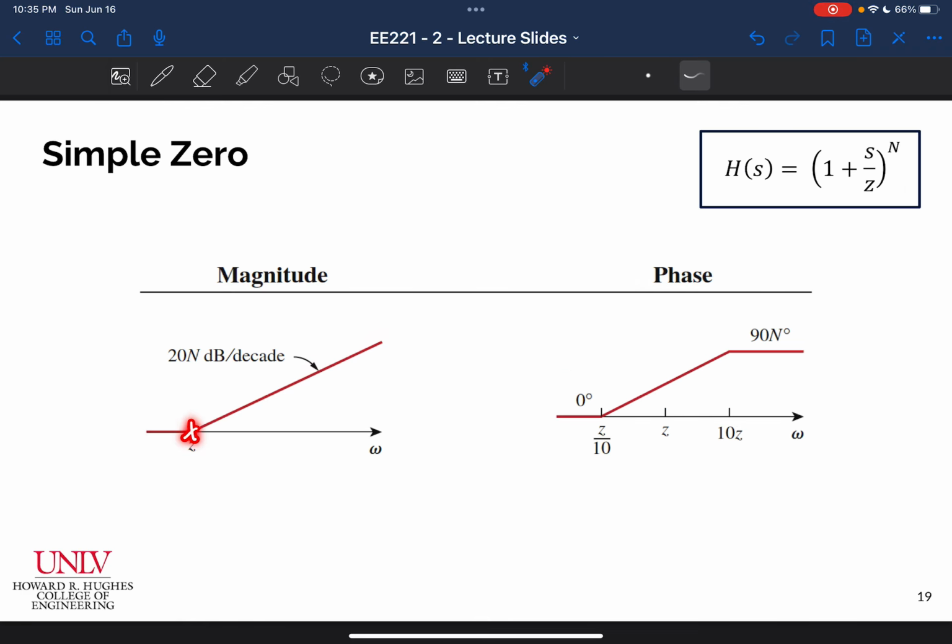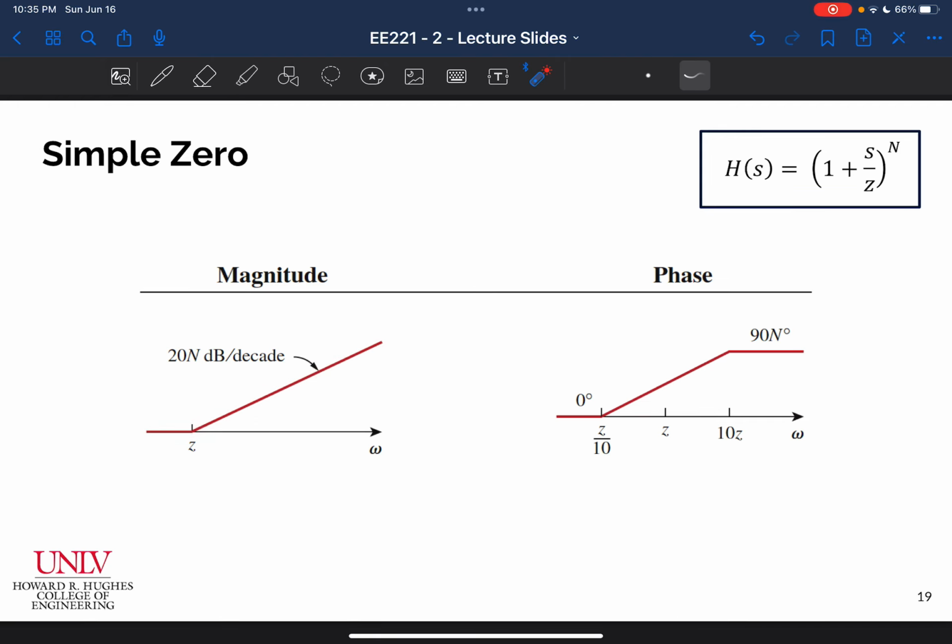That would be similar to the cutoff frequency, the z value for this zero. For the magnitude, at the z value is where my 20 dB per decade rise begins.